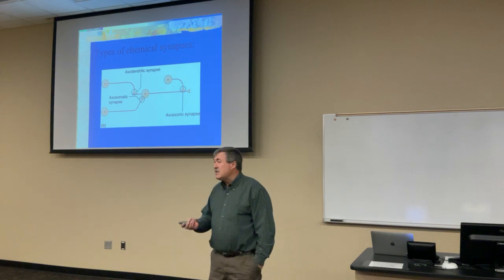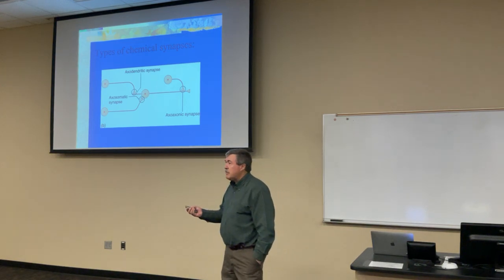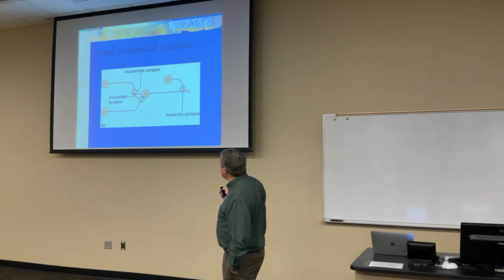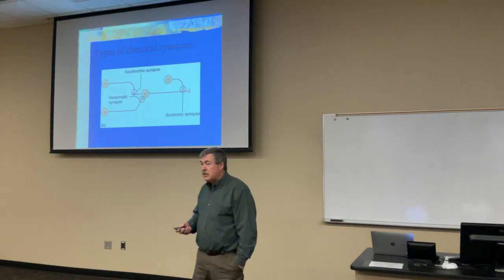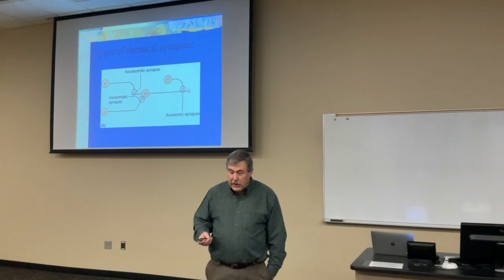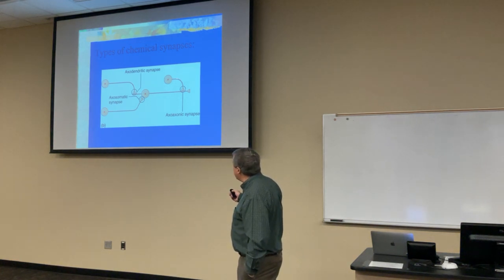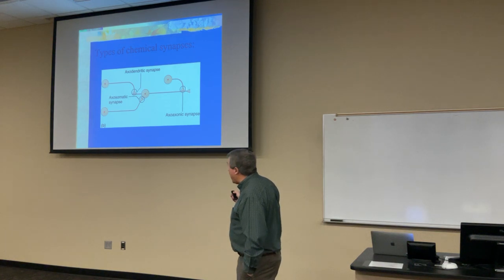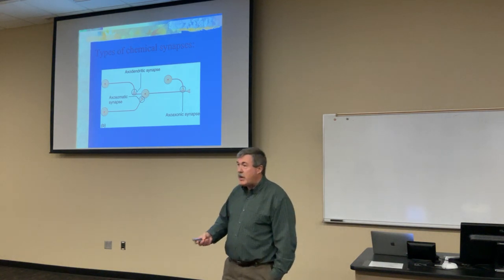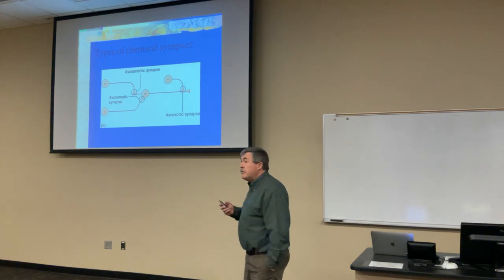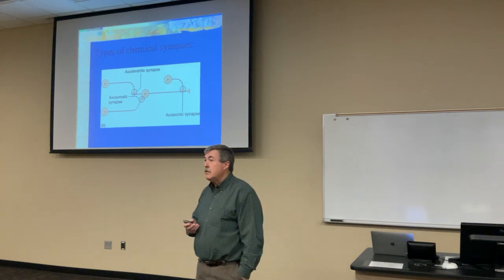That's not the usual sequence by which things occur. What this axo-axonic synapse can do is let the presynaptic neuron modify the amount of neurotransmitter that's released by the postsynaptic neuron.